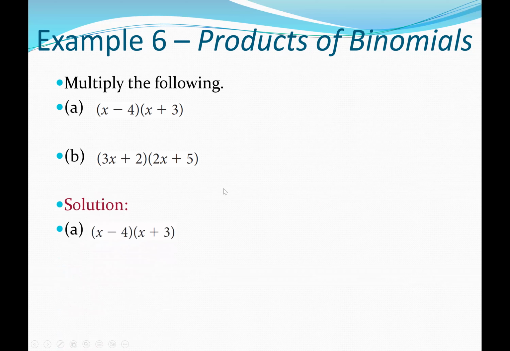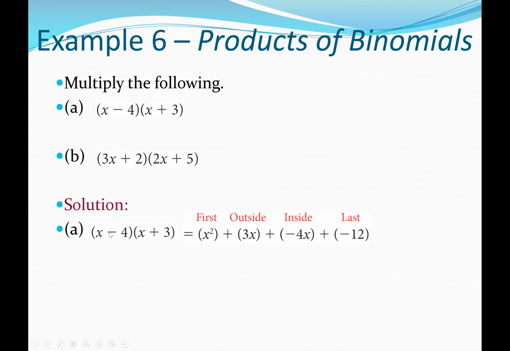So in this case, we multiply the first values. So x and x will give me x squared. Then we multiply the outside. In the first binomial, x is outside; in the second binomial, 3 is outside. So we multiply 3x.